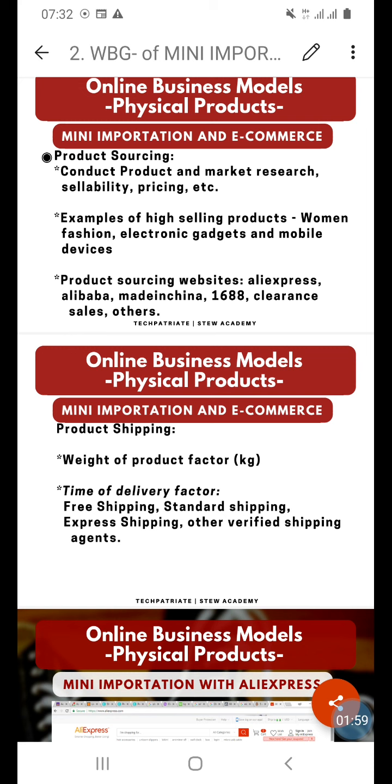Now, what you're supposed to do is know the product you are buying. You're supposed to read a lot about them. And what I mean is, take human hair for example. If I'm buying human hair, there is a difference between synthetic hair and Brazilian hair. There's a very big difference. And even in Brazilian hair, there is a very big difference between your 3A, your 4A, your 6A, your 7A, your 9A, your 10A.